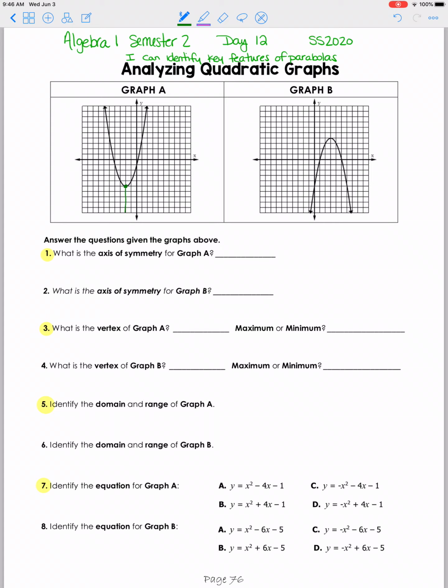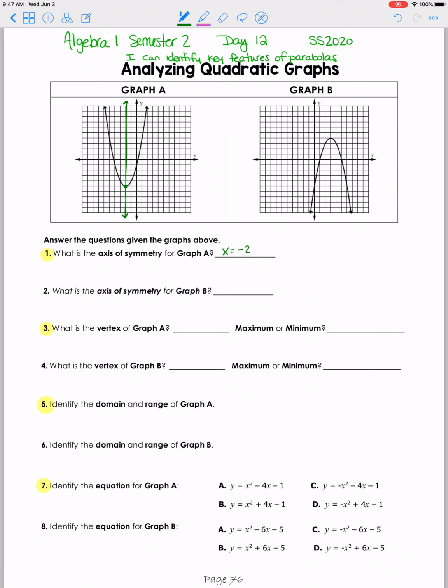So this line I'm drawing right here is the axis of symmetry for our graph. And the equation for the axis of symmetry is x equals whatever coordinate it's going through. So this is going through x equals -2. That would be the axis of symmetry for that graph.